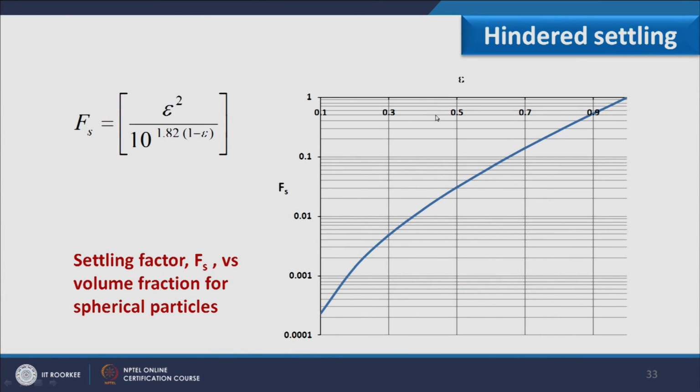If you see, this is a plot of Fs versus epsilon. As epsilon increases, the Fs value will increase, and that is very obvious. When we have an increment in epsilon, that is when we have more volume fraction of liquid, we will have less volume fraction of solid. It means solid is available in less quantity. Therefore, the particle will fall freely.